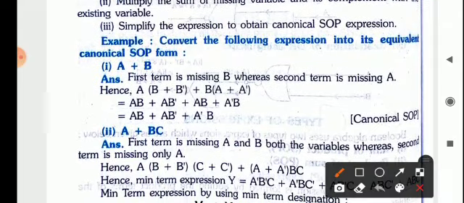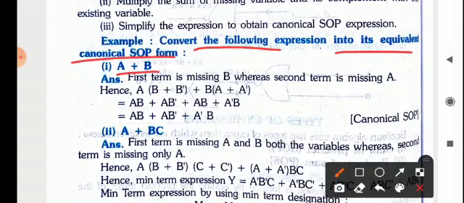They have solved here. Convert the following expression into its equivalent canonical SOP form. Now, you can see A plus B is there. Now, if you notice here, A is not having B and B is not having A. Now, in the first term B is missing and in the second term A is missing. So, first of all you have to multiply as per the rule of conversion to canonical sum of product.